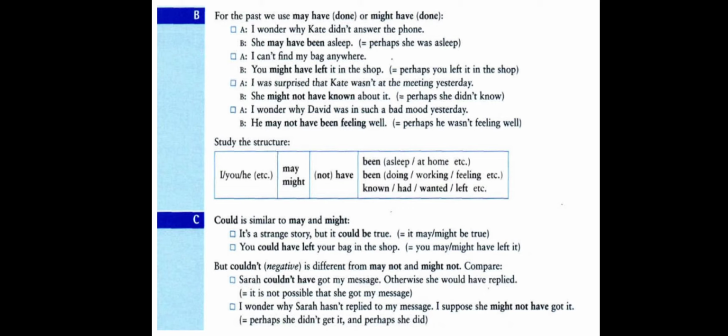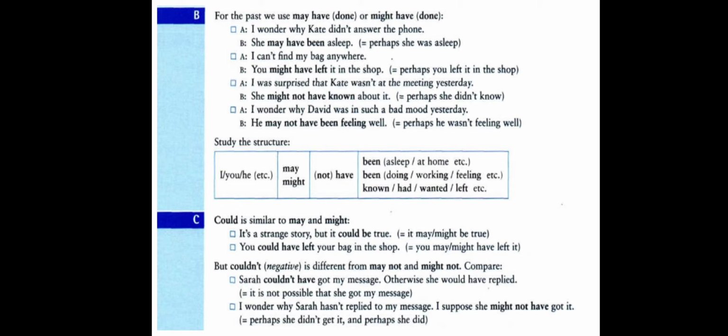It is not possible that she got my message. So when we use couldn't have got, we mean that it is not possible that she got my message. We have one choice here.